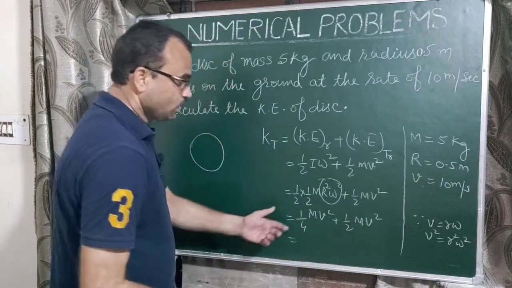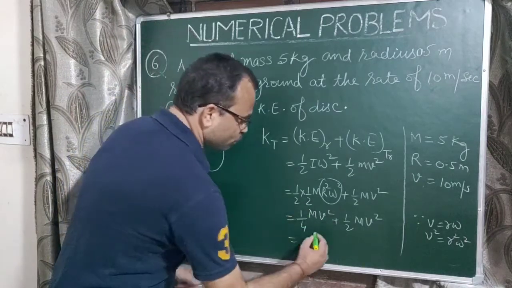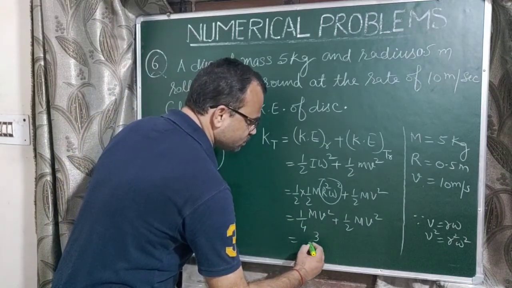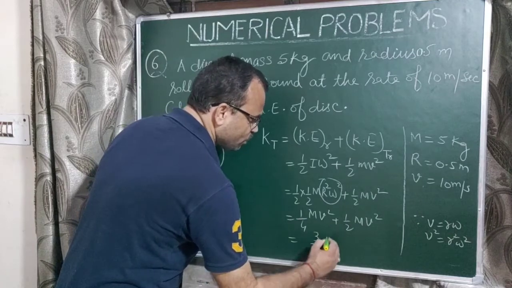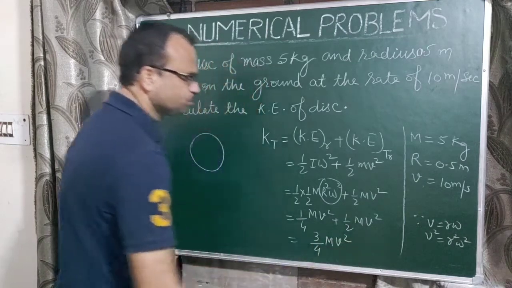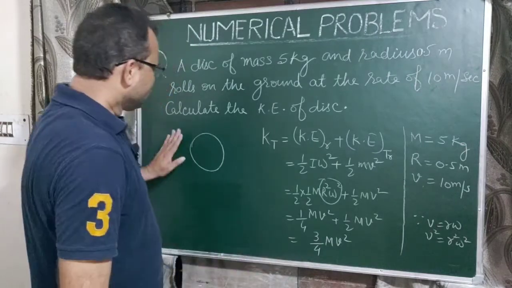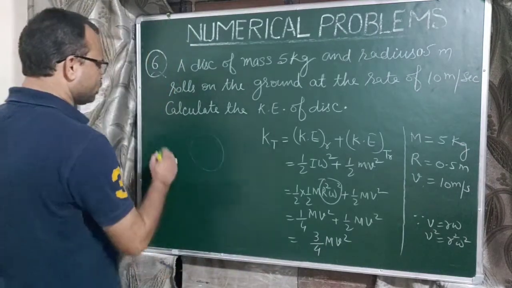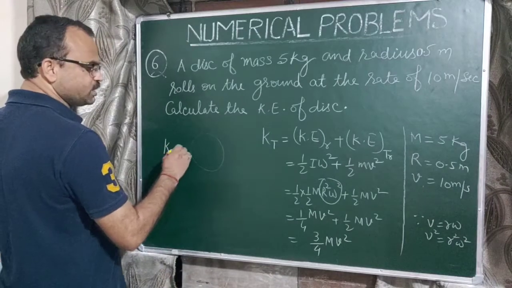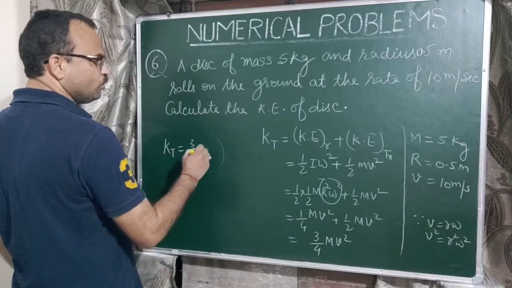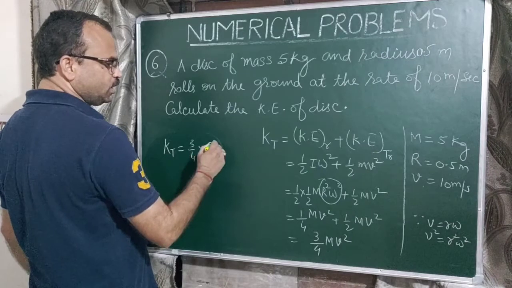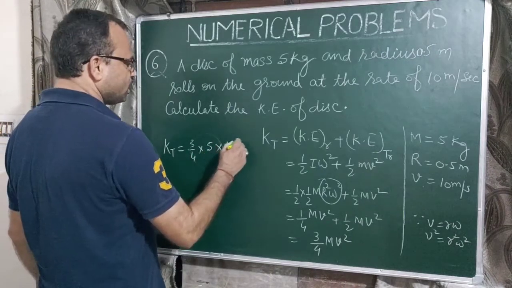Now 1 upon 4 plus 1 upon 2 means 3/4 of m v square, 3/4 m v square. Now substitute the value. So total kinetic energy is 3/4, value of mass also given 5, into v square 100.